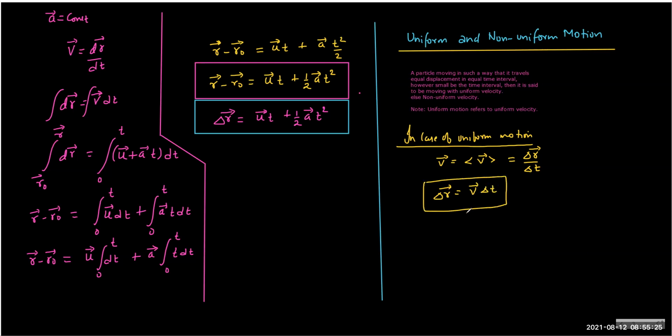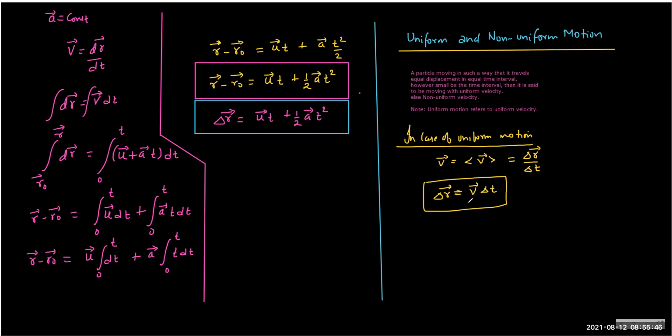And this is precisely what you learned in maybe class 6, the distance, speed, time formula. Distance equals speed into time. That formula was a uniform speed formula, not a formula in general. Anyway, so delta r equals v delta t.